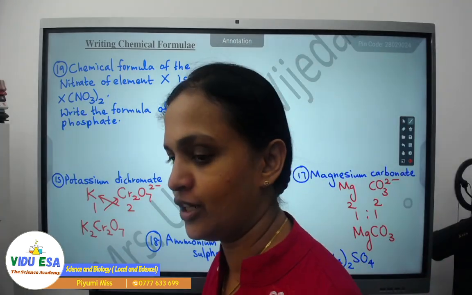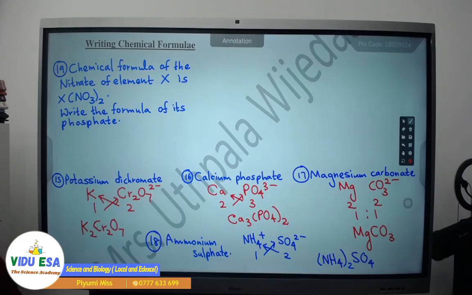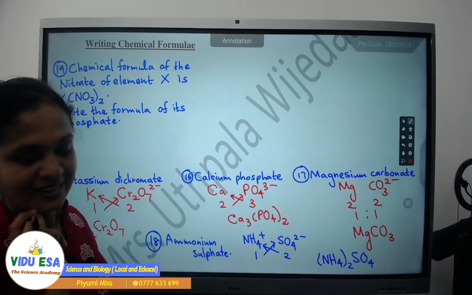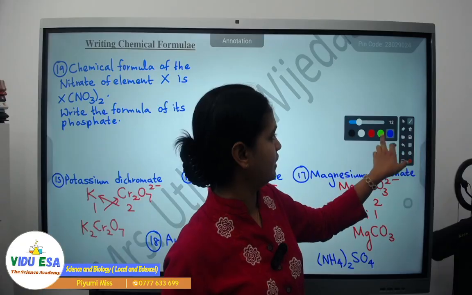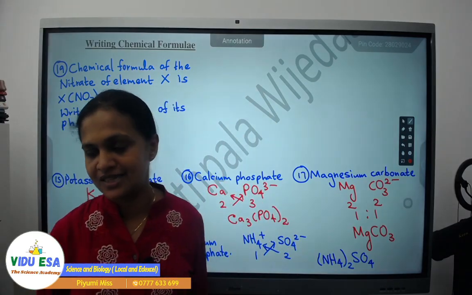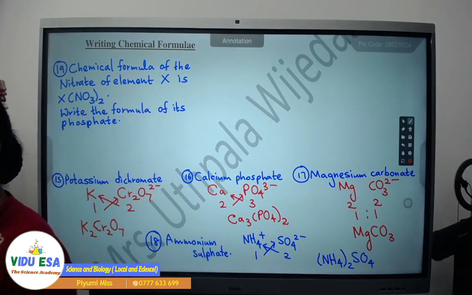Of the phosphate of element X as you got? Yes, any volunteer? What is the chemical formula of the phosphate of element X? What did you get? Kian, the formula that you got.